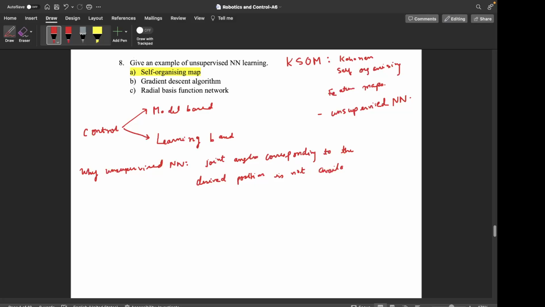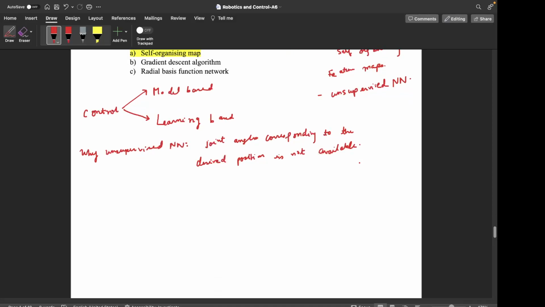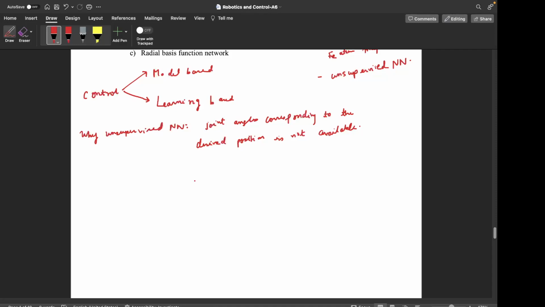Why are we saying it's not available? Because we don't have the model. We are assuming that we don't have the model, or we are not wishing to compute the model here. Because if we compute the model, then it's the same as model-based control, right? So we are trying to control the exoskeleton without explicitly computing the model, right?